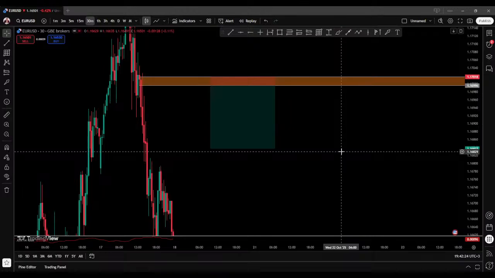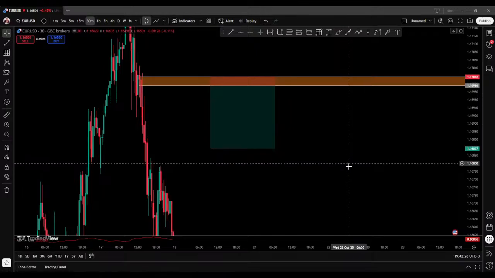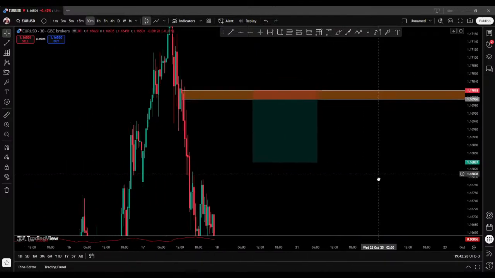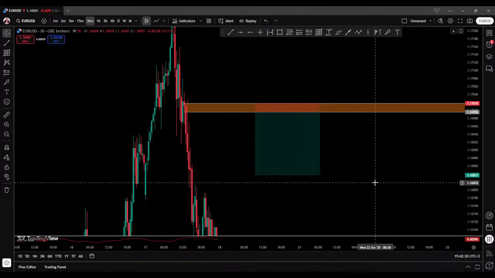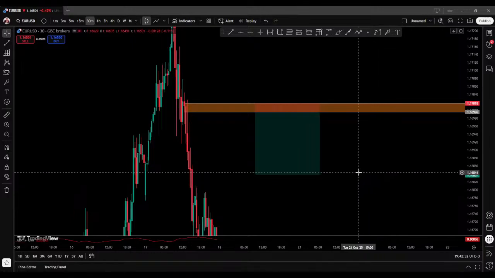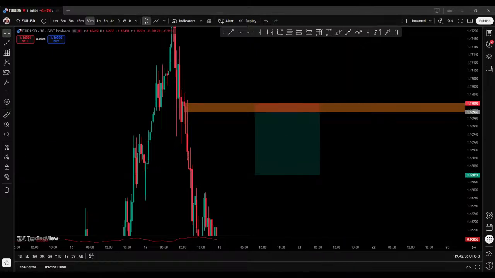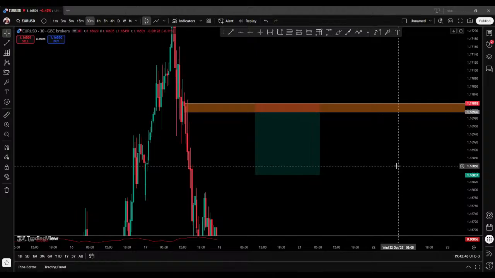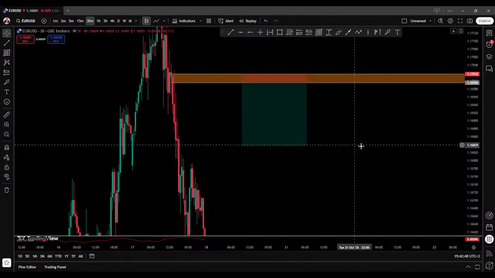So what we do in trading is, don't worry, you will lose some trades, but you need to understand that once you get that right trade, it will cover for like 20 trades that you have lost. So that is the whole idea here.